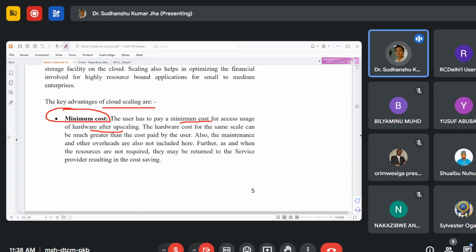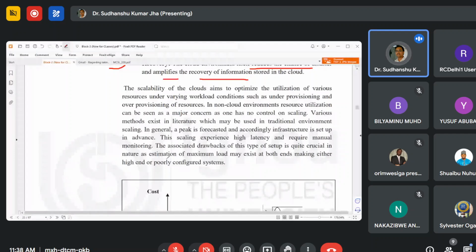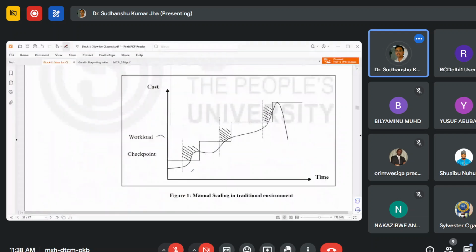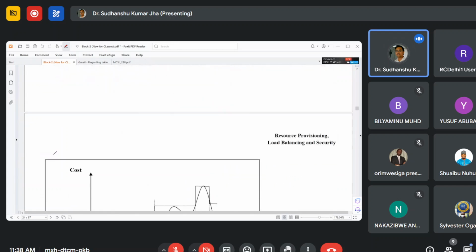So you are paying higher there. So that is the problem. In the case of manual scaling, we fix the checkpoints and workloads, and accordingly you decide about more resources, and accordingly the cost is going up.